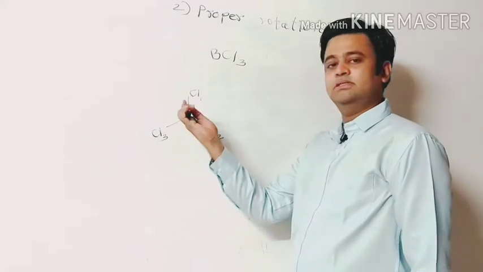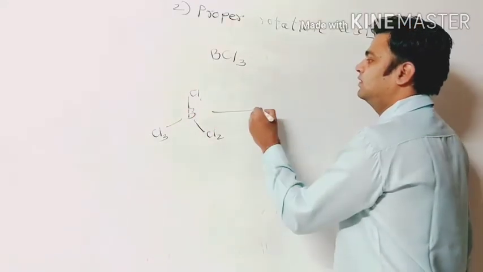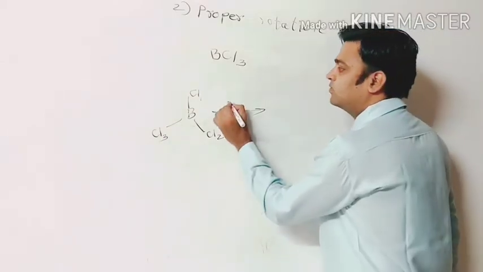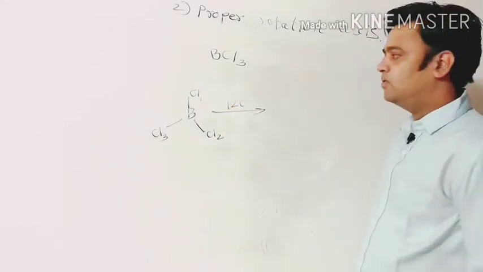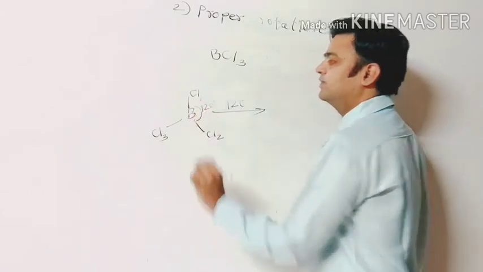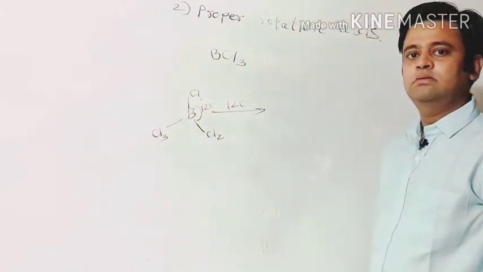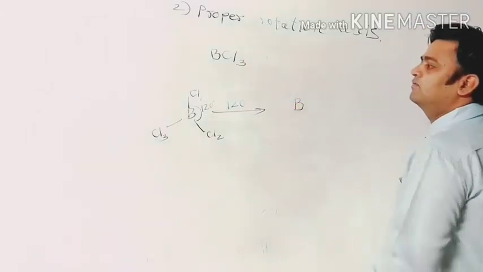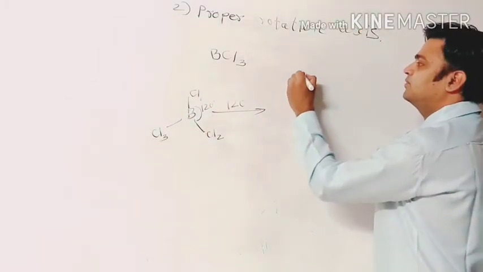Do you see rotations? Now, with how many angles should we rotate? Let's rotate through 120 degree, because we know the bond angle is 120 degree. What will happen? It will change the position.